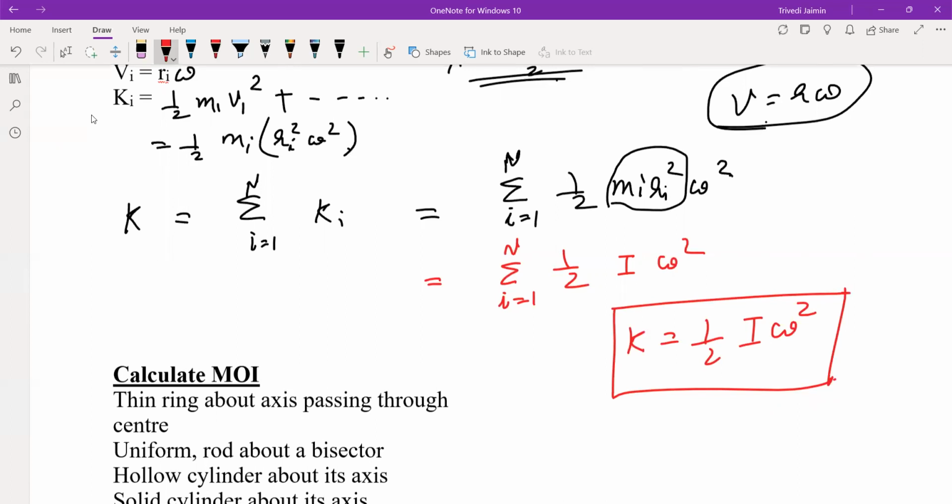This is in rotational motion. This was in rotational motion, right? Half I omega square. And what is it in translatory motion?